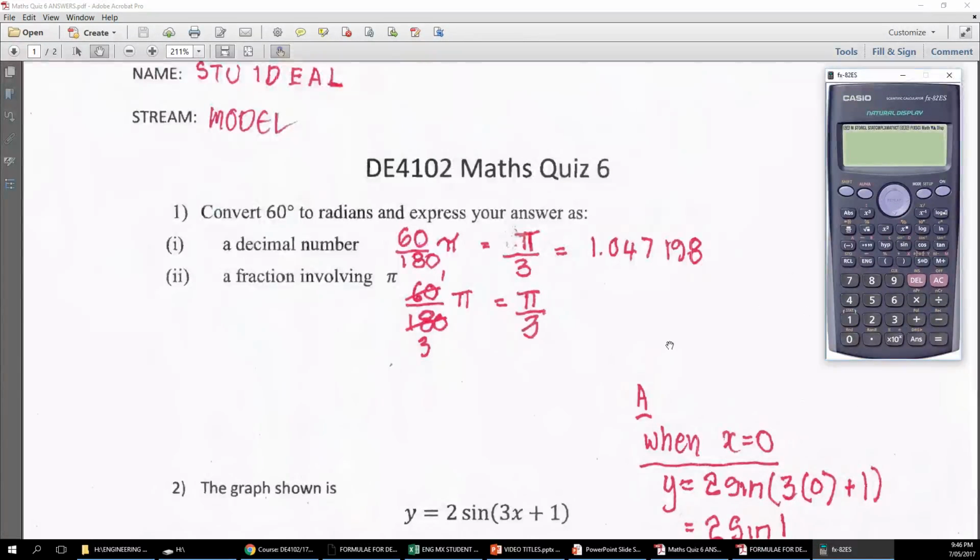Right, convert 60 degrees to radians and express your answer as a decimal number. Well, we know that a full circle, the full 360 degrees of the circle, is 2 pi radians, and half a circle is pi radians.